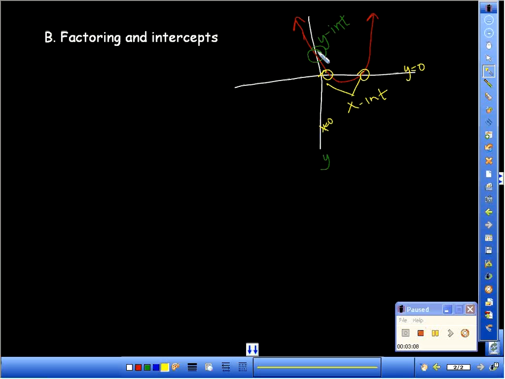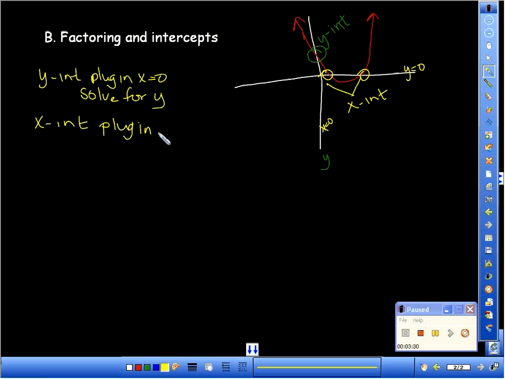So to find the y-intercept, remember from chapter 8, to find the y-intercept, we plug in x equals 0 and solve for y. To find the x-intercept, we plug in what? Y equals 0 and solve for x. Okay, so we're going to use this knowledge to find those parts of the equation of the graph.